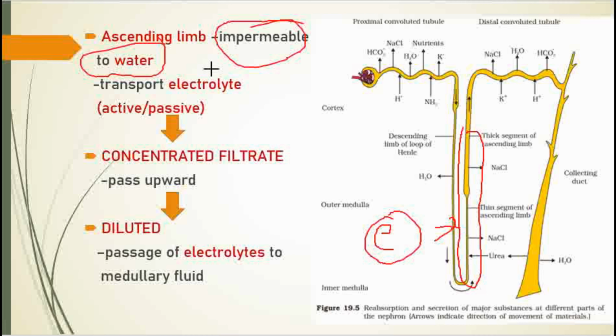Therefore what you get here is a concentrated filtrate, which is what we actually need for the formation of urine. They pass upwards, and it gets diluted due to the passage of electrolytes into the medullary fluid.